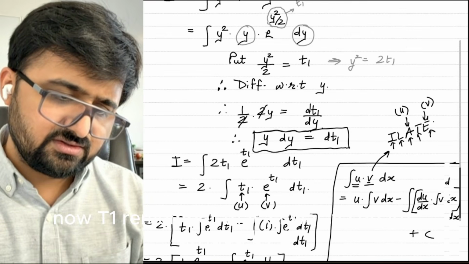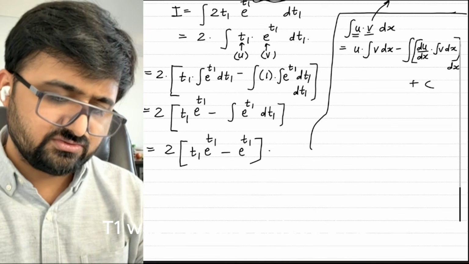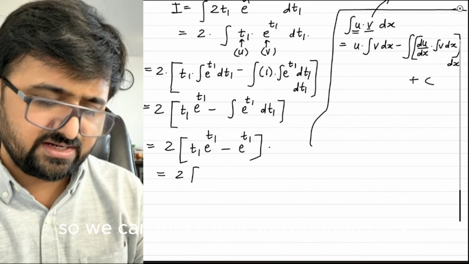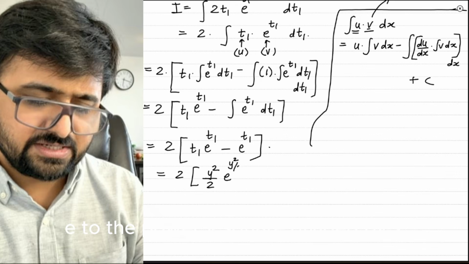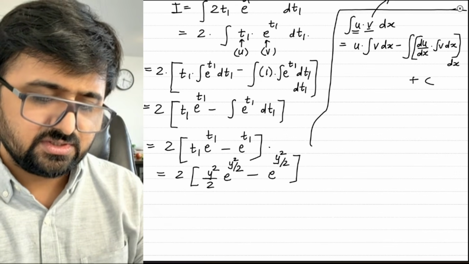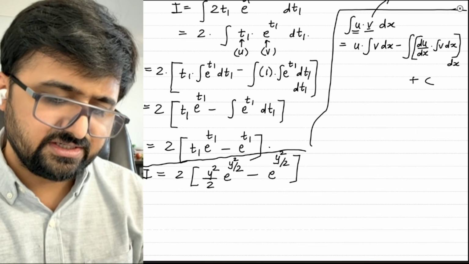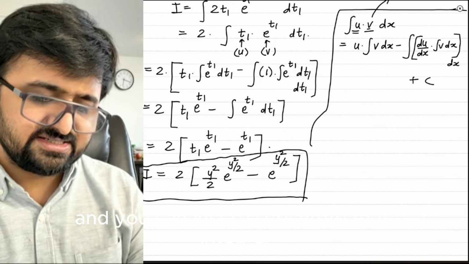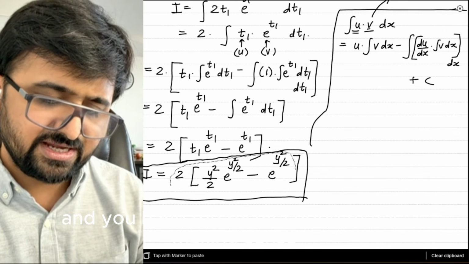Now t1, remember that t1 was y square divided by 2. So we can make that substitution back. Y square divided by 2 times e to the power y square divided by 2 minus e to the power y square divided by 2, and that's your integral I. And you can just resubstitute that integral in that differential equation and you have the result.